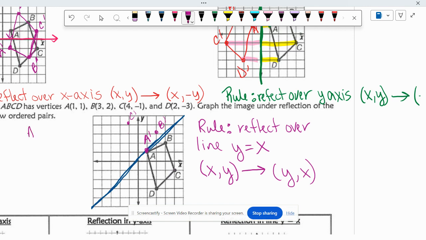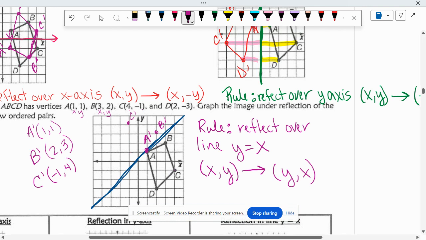Maybe I should write these off to the side. A prime. Change the x and the y so y comes first: 1, 1. Doesn't move. B prime, changing my x and my y. So instead of 3, 2, it's going to become the ordered pair 2, 3. C prime, instead of the ordered pair 4, negative 1, it's going to be the ordered pair negative 1, comma 4.